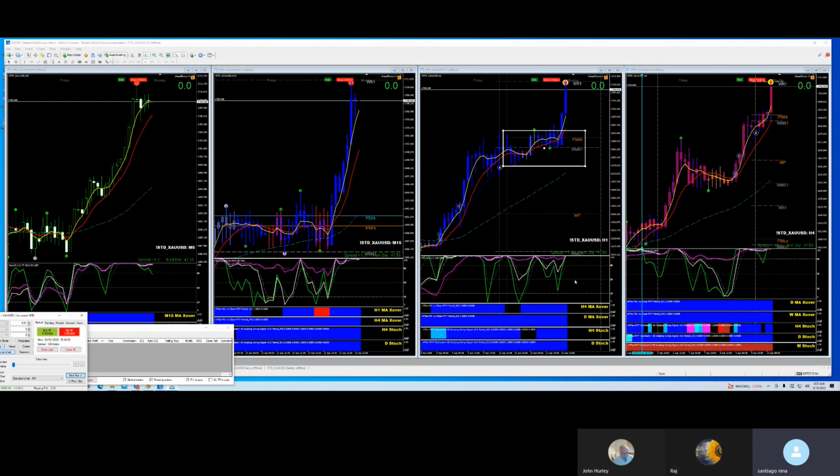So in essence, the only patterns I really love to trade is when I see trend patterns, because I know there's a high probability chance that the market is going to move in a specific direction. And the higher time frame you see, the more potential it is for it to continue to move.